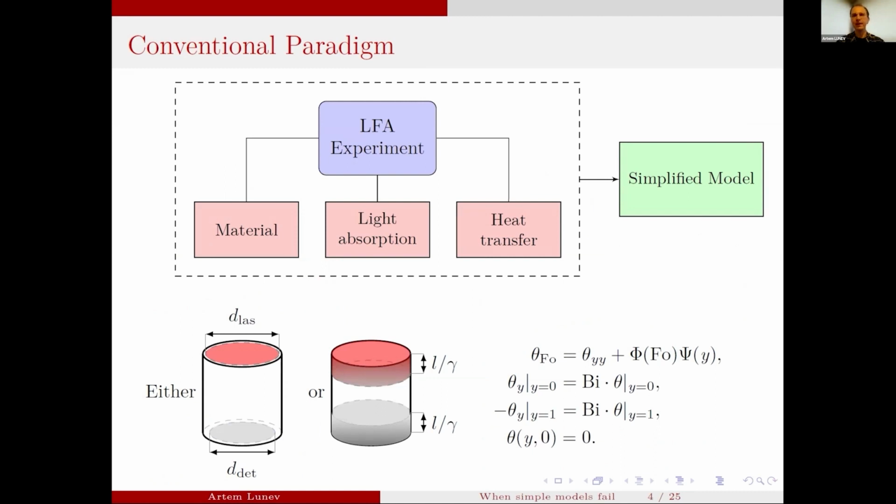You put the sample made of this material into the LFA chamber, onto the sample holder. You activate the laser, which hits the sample. The light is absorbed, and you track the heat transfer and get the time temperature profile using the detector. It's a time sequence of the so-called brightness temperature values.